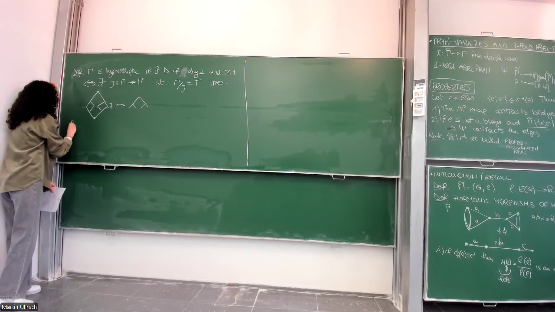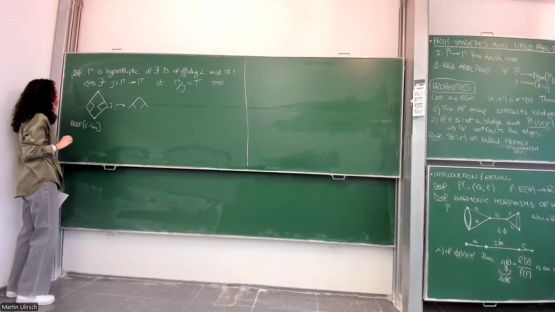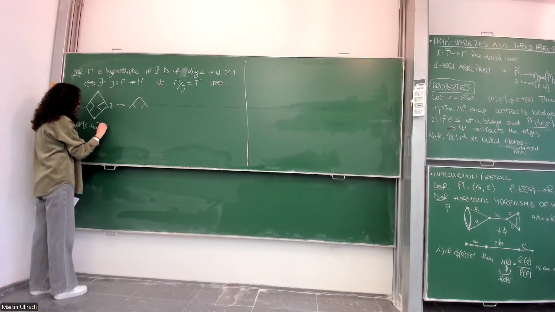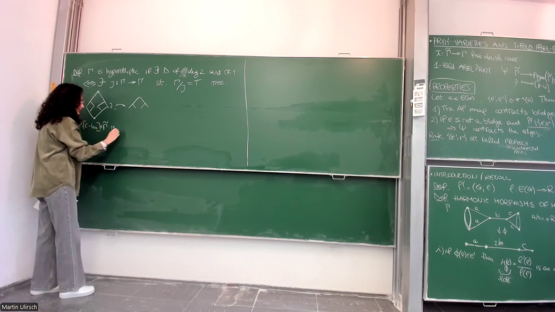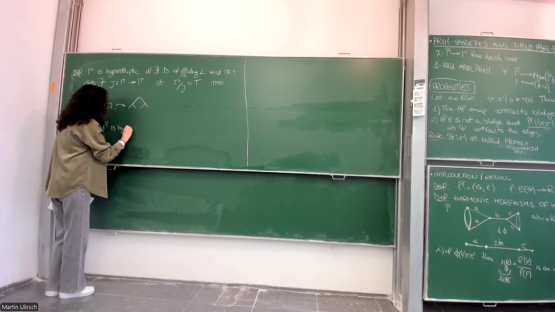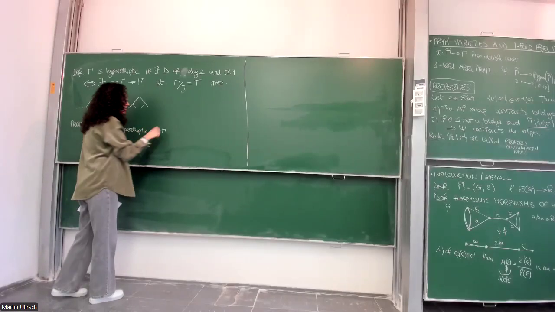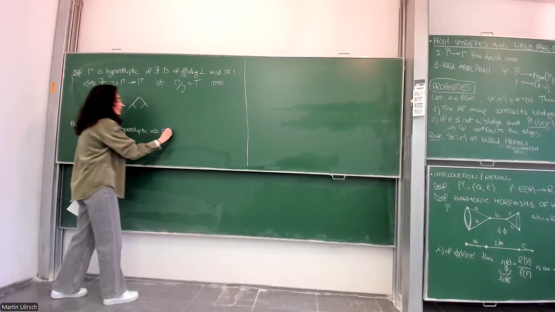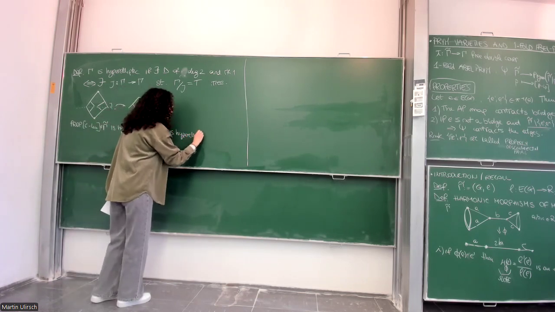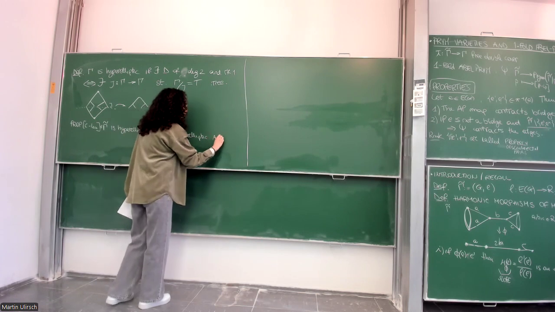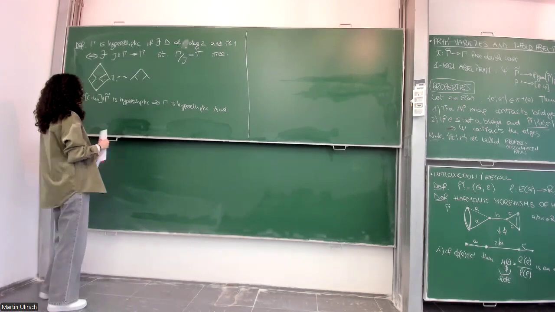And we proved that if we consider a double cover where gamma tilde is hyperelliptic, then also the target graph is hyperelliptic. And the following diagram commutes.